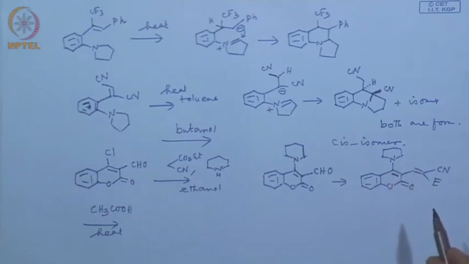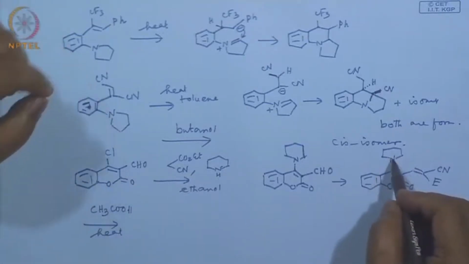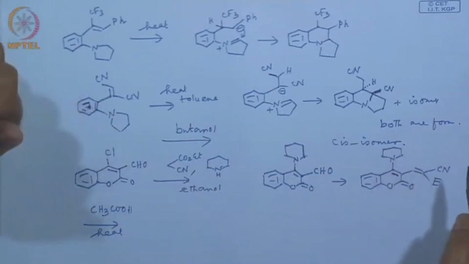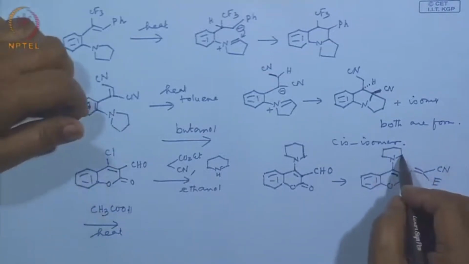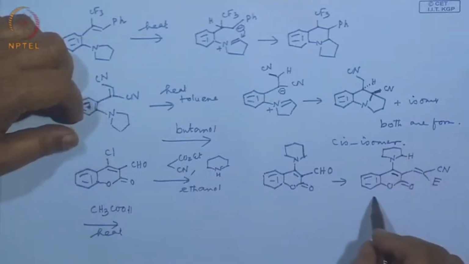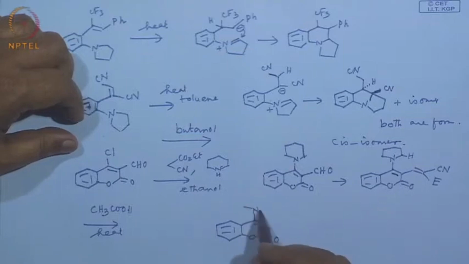Coumarin means benzenoid, and the first thing you have to recognize is this tertiary amine part with an alpha hydrogen. So, that means we can straight away write, without thinking much, that this backbone remains as it is, and then the tertiary amine part remains as it is.